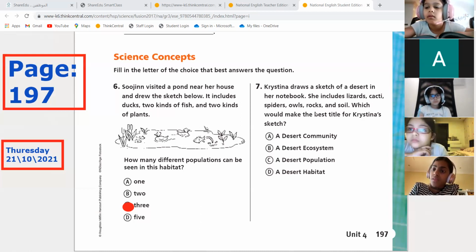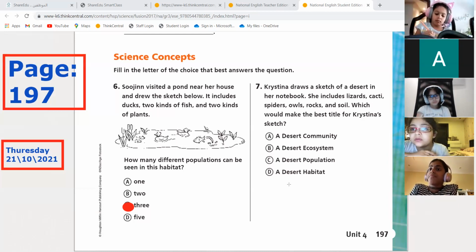Which would make the best title for Christina's sketch? Is it a desert community, or a desert ecosystem, or a desert population, or a desert habitat? Habitat. Are you sure? It includes the living things and the non-living things.